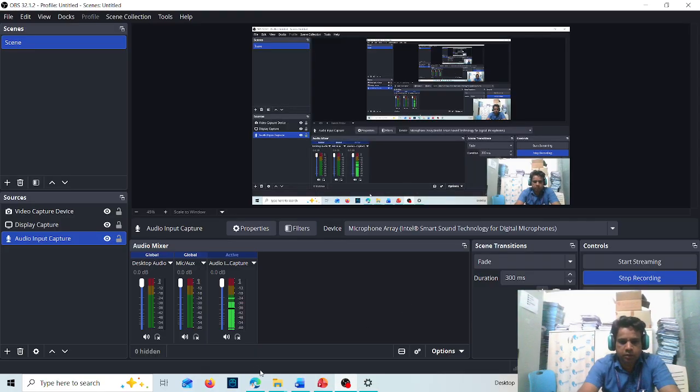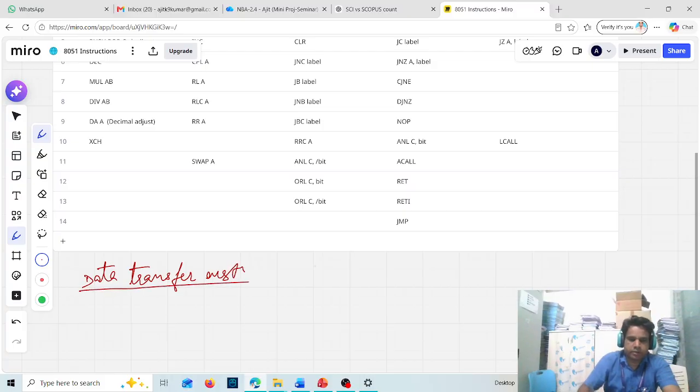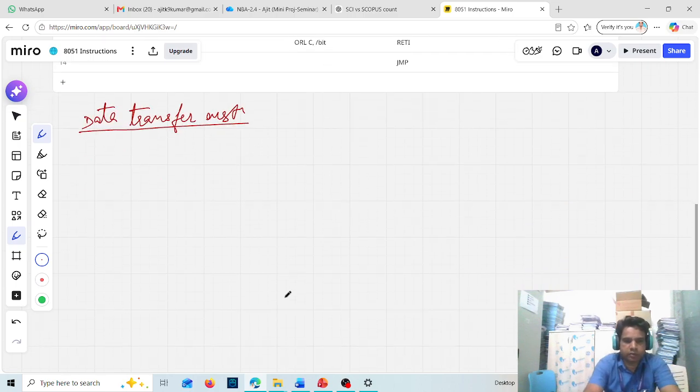Here we will study the first category of instruction, which is called data transfer instruction. Data transfer instructions are those instructions which are used to transfer data from one place to another place.